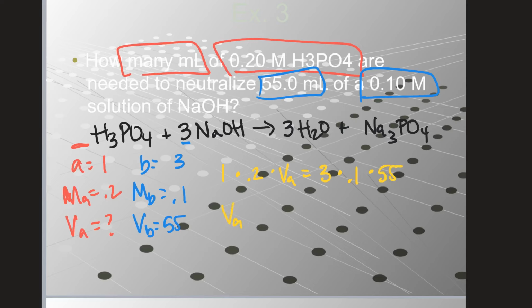If we solve for VA, we get 3 times 0.1 times 55 over 1 times 0.2. That's the setup for VA to find the volume of the phosphoric acid. When you put this in the calculator, I got 82.5 milliliters. So that's this problem here.